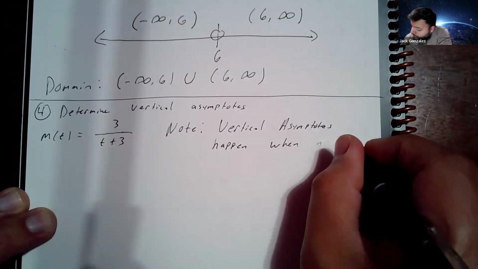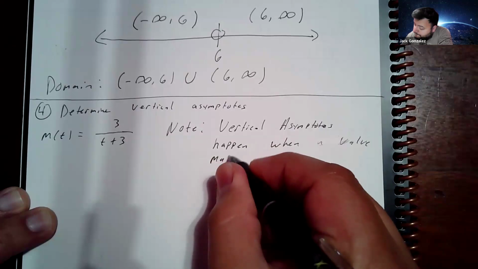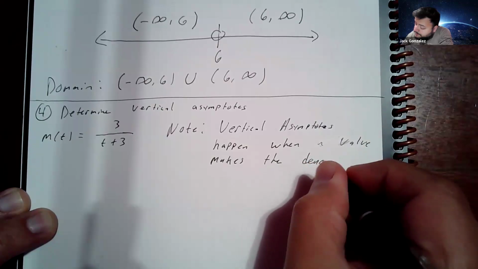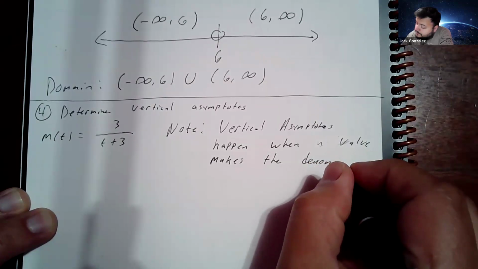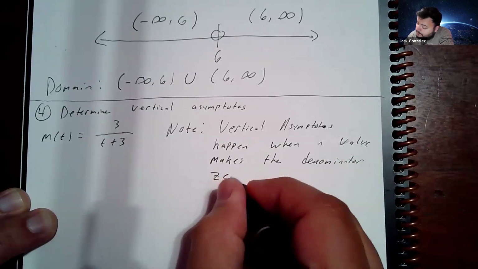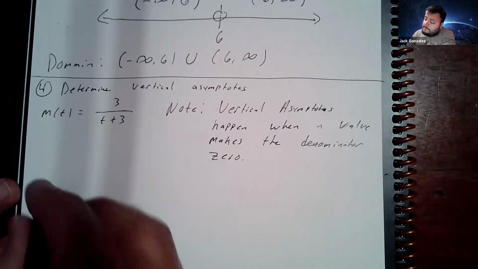When a value makes the denominator 0. So whatever makes the denominator 0 is going to be the asymptote. So basically what we just did earlier, right?